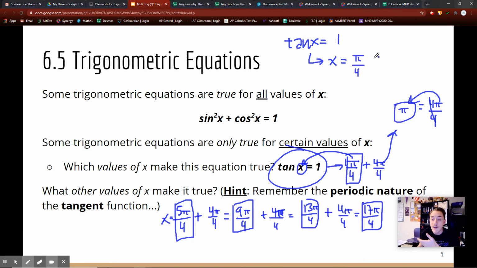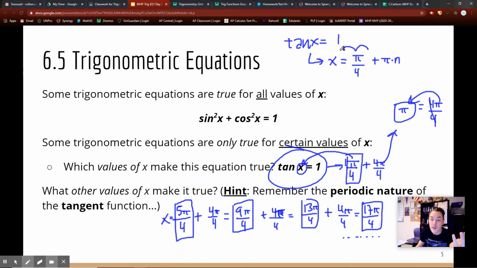And now if I add pi multiplied by some integer n, that will cover all my solutions without me writing them out individually over and over again until I'm dead. And even then, I wouldn't have all the solutions because this can go on to infinity, right?